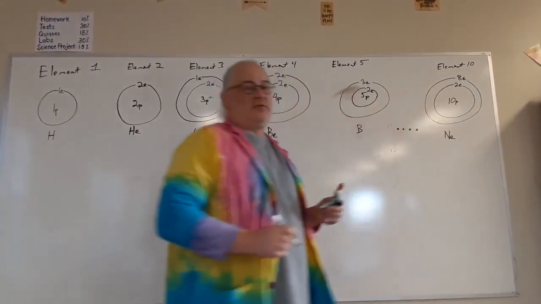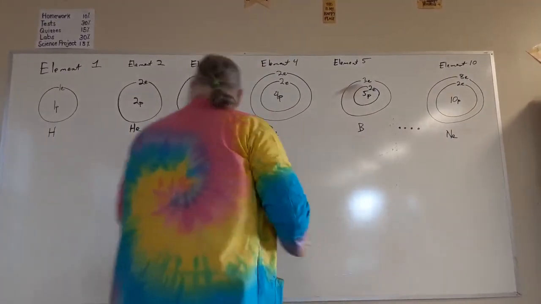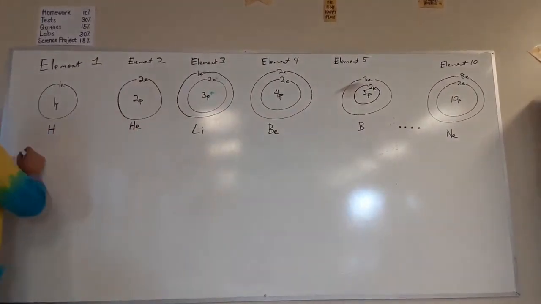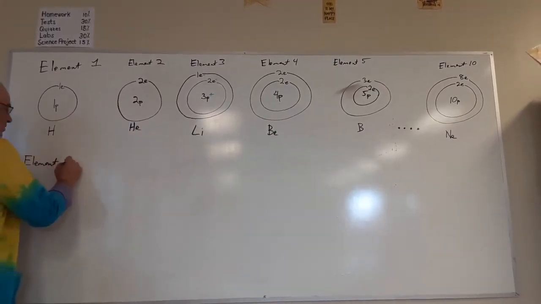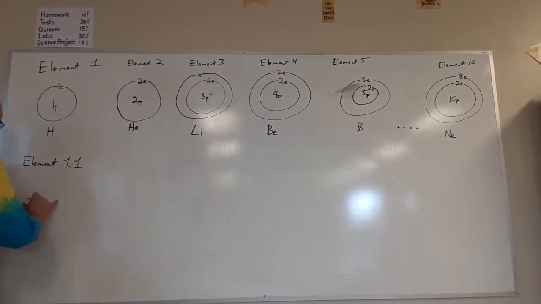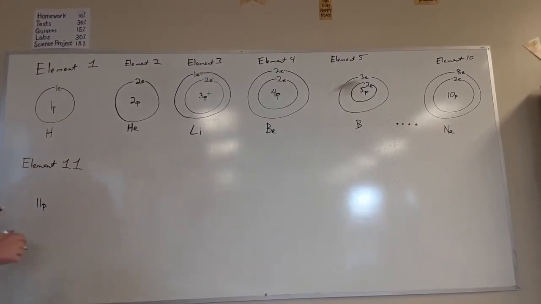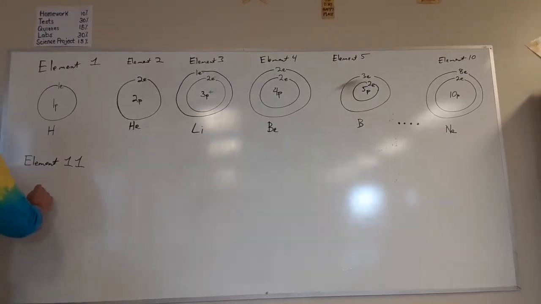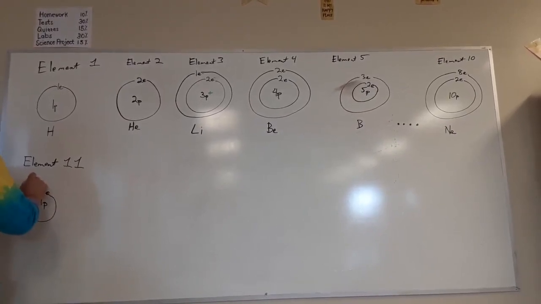Okay, however, if we were going to do sodium, element number 11, it is going to have 11 protons in its nucleus, and there'll be 2 electrons in the first orbital.